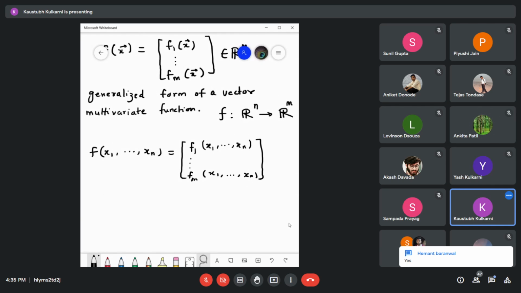Now, if I want to find the partial derivatives of a vector multivariate function f, which is defined as it is here, in general it will be the partial derivative with respect to one of these variables, let's say xi, where i goes from 1 to n.